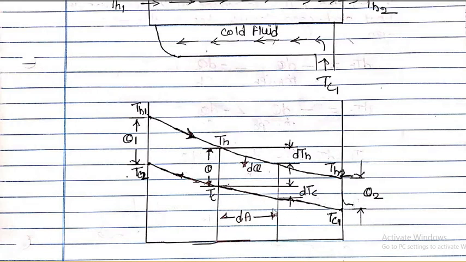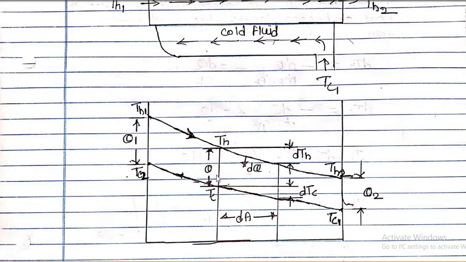We are considering that the cold fluid gets heated by temperature dTc, because the hot fluid transfers the heat to the cold fluid. So in this elementary area, dQ amount of heat will be transferred from the hot fluid to the cold fluid.